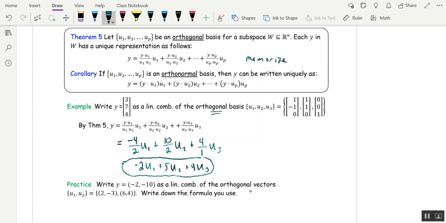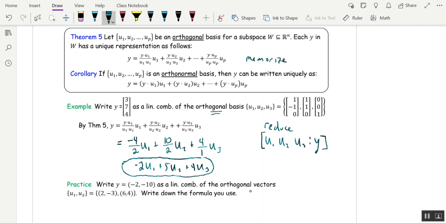Now, to appreciate what we just did, let's go back to the old days. How would we have done this without theorem 5 if in general we're just given 3 vectors and another vector and said, write this vector as a linear combination of these other vectors? What you would have done is take the augmented matrix u1, u2, u3, augmented with y, and reduce that.